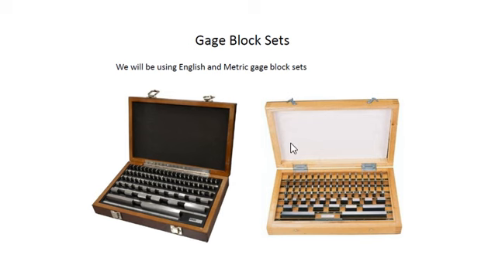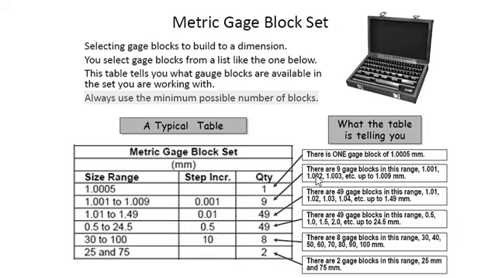Here is an example of gauge block sets, and this side is your English and that side is your metric. Okay, this is your metric gauge block set, and of course this is a table of what's in there: your size range, and then the quantities, okay?